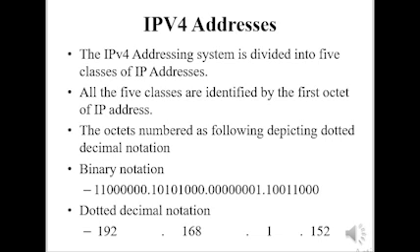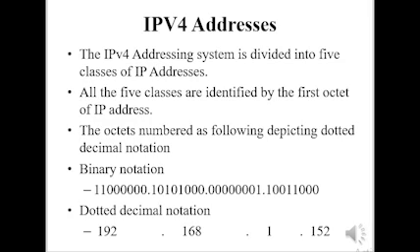The IPv4 address system is divided into five classes of IP address. All five classes are identified by the first octet of the IP address. The octet number is assigned in dotted decimal notation.